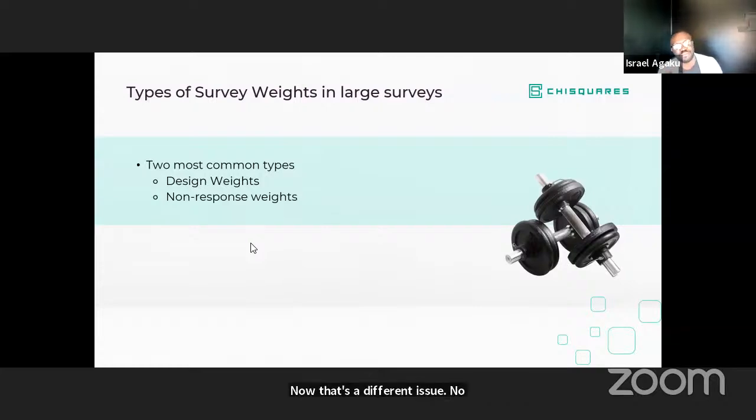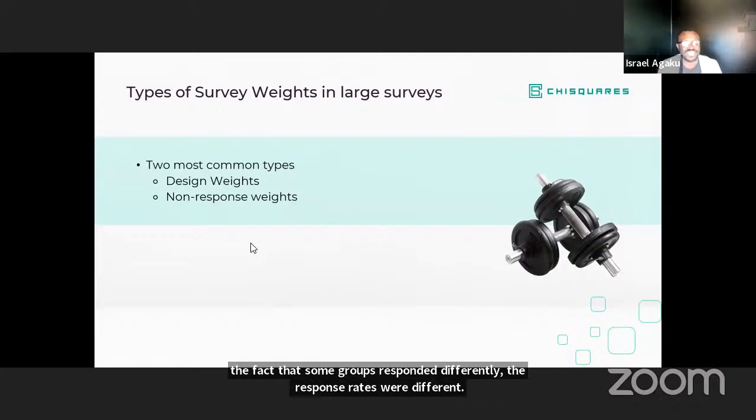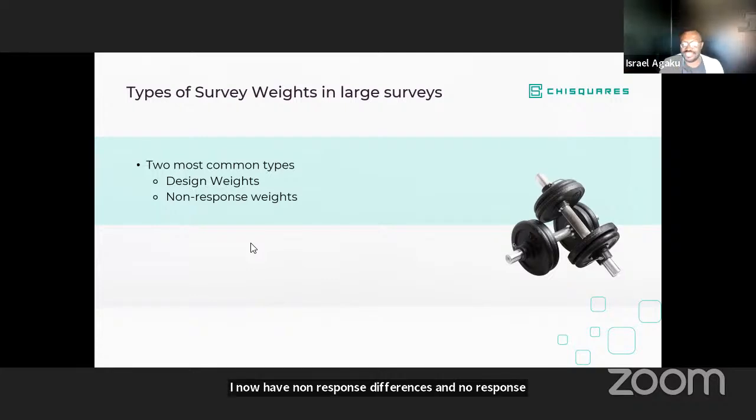Non-response weight is different. It is when the problem is not from me, but from my respondent. My respondent chose not to answer, and because some groups responded differently, the response rates were different. So I have differences in non-response patterns, let's say between older people and younger people. Let's say I gave a web survey, and it's mostly young people online taking my survey.